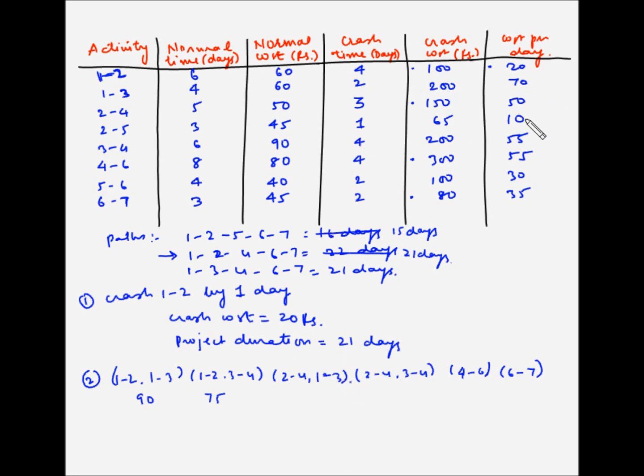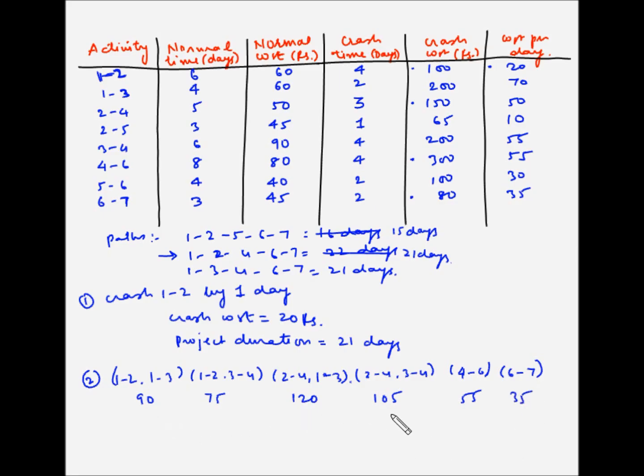So 50 plus 70 is 120. 2 4 is 50 and 3 4 is 55. So 50 plus 55 is 105. 4 6 is 55 and 6 7 is 35.